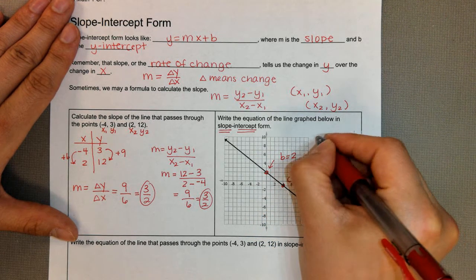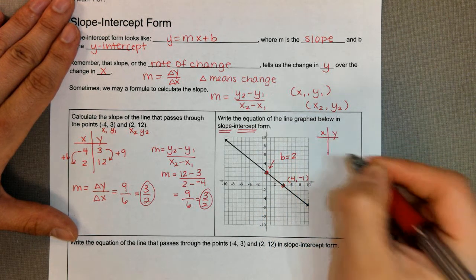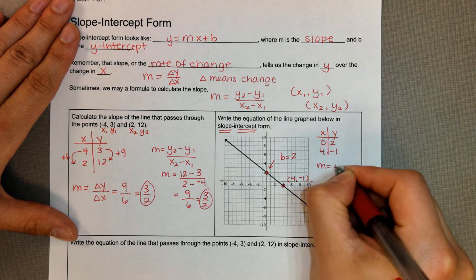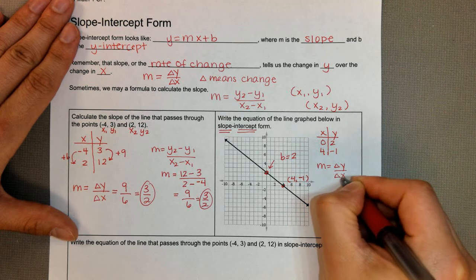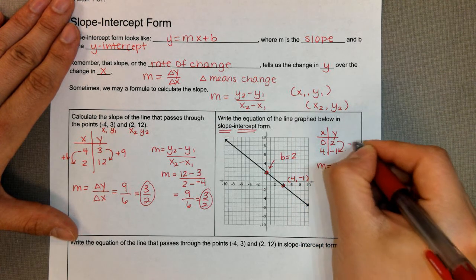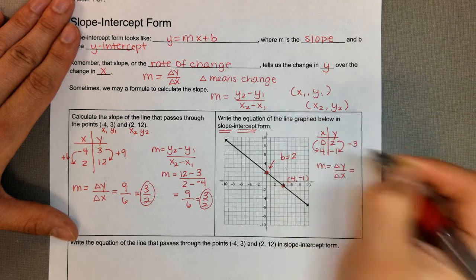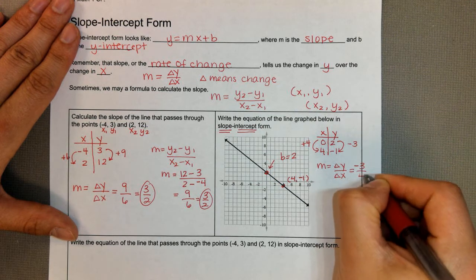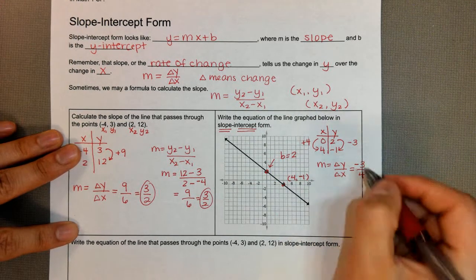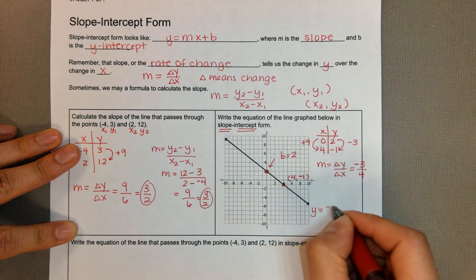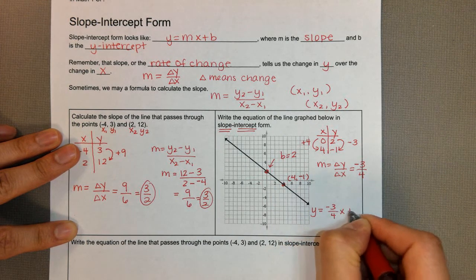So for me, I prefer to put them in a little table again, and I have the point (0, 2) and (4, -1). So if I want to know my slope, that's my change in y divided by my change in x. My y goes from 2 to -1, so that's -3. And my x goes from 0 to 4, so that's adding 4. So this is -3 divided by 4. So now I have my m, I have my b, so my equation is y equals -3 over 4 x plus 2.